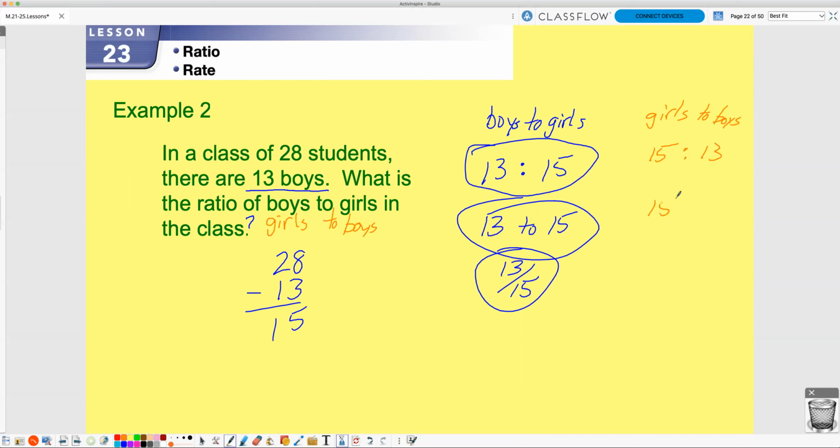So that'd be 15 to 13. This would all be the ratio if we're looking at girls to boys. If we're talking boys to girls, as it said initially, then you have to keep it in that order, boys to girls. If it's written in girls to boys order, then you have to write it in that direction.